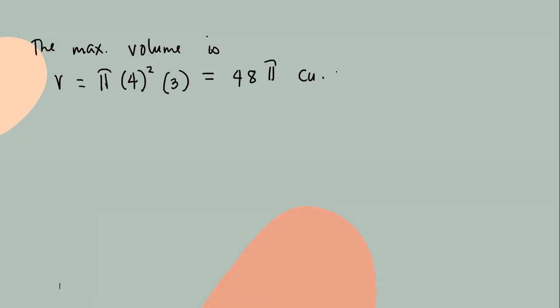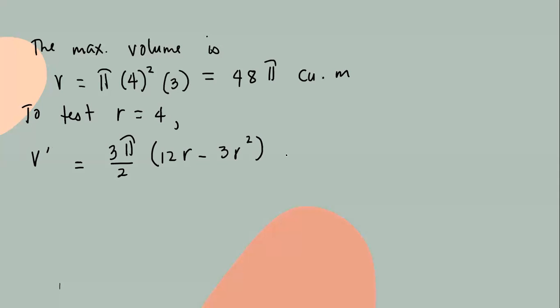Now, to test your r, r is equal to 4. We have V double prime is equal to 3 pi over 2. What is our first derivative? Let me copy the first derivative. V prime is equal to 3 pi over 2 times 12r minus 3r squared.